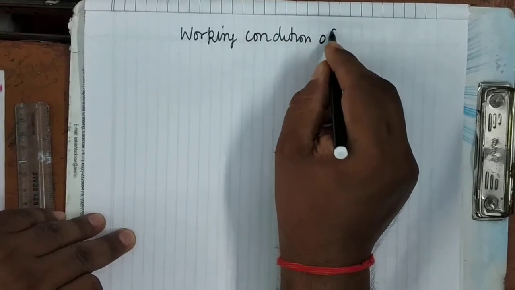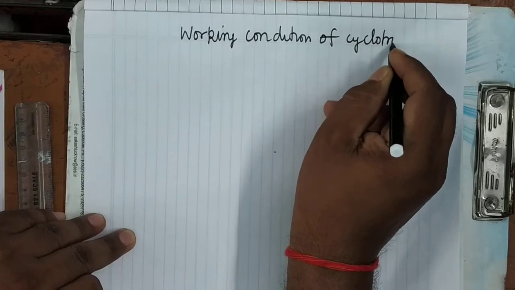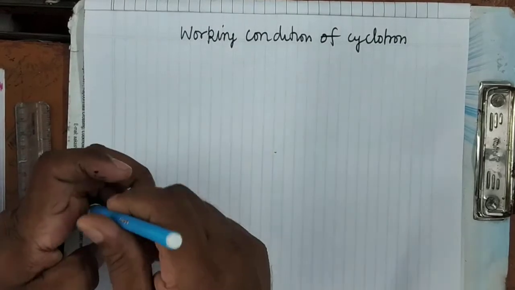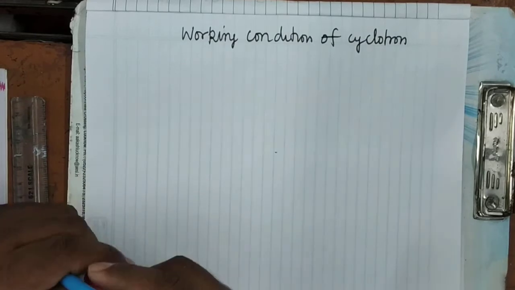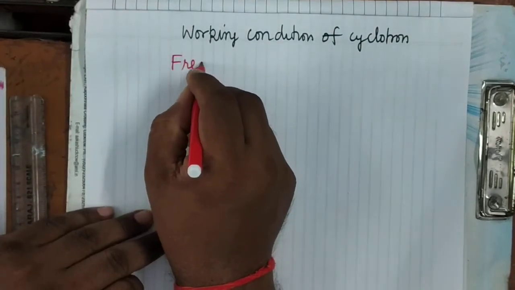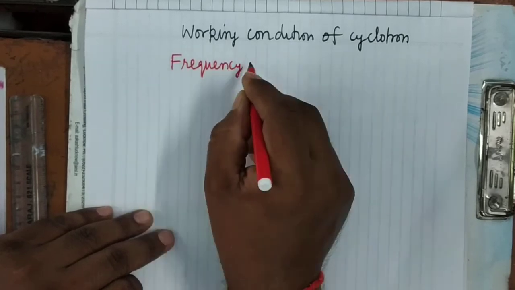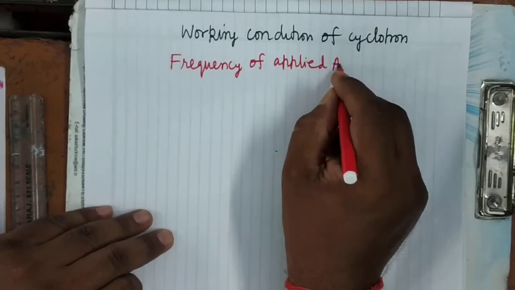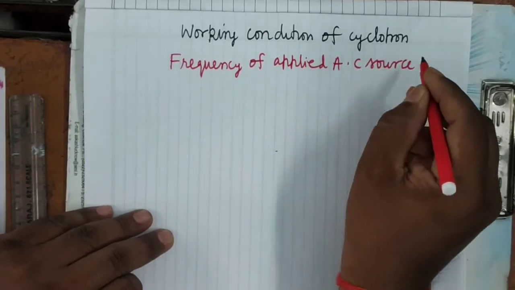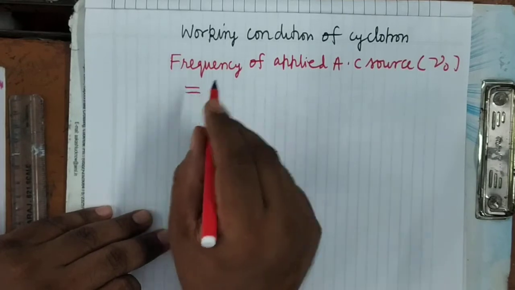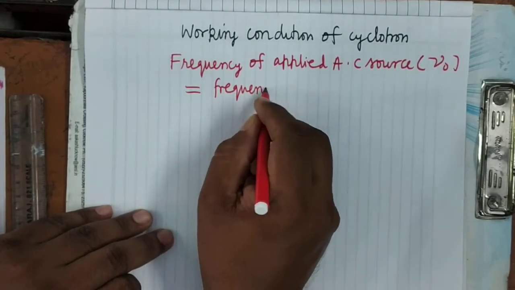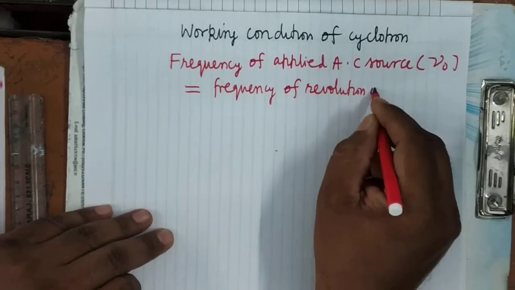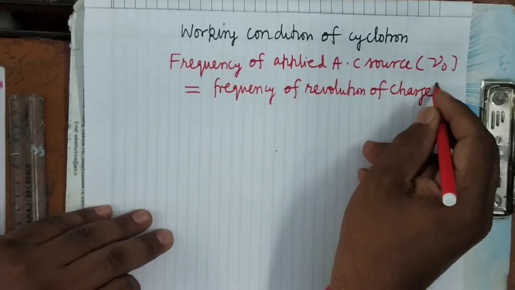Condition of cyclotron. Here the frequency of the applied AC source, which we have represented by the symbol nu naught, should be equal to the frequency of revolution of the charged particle.